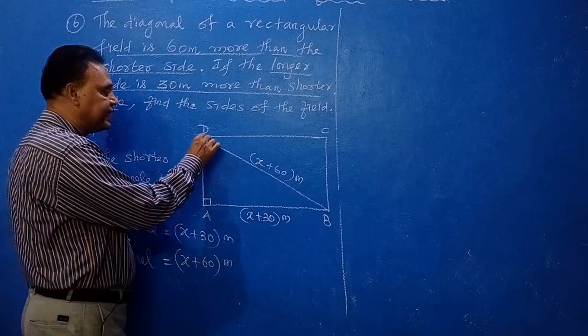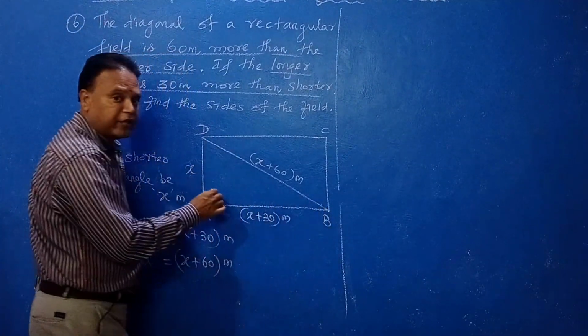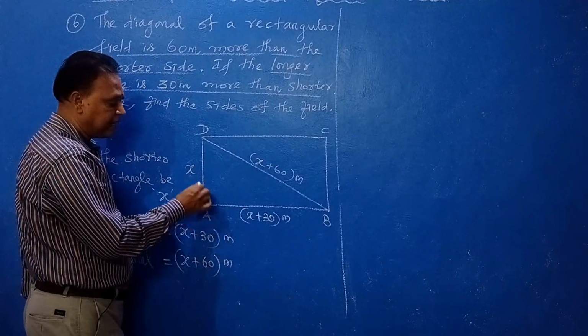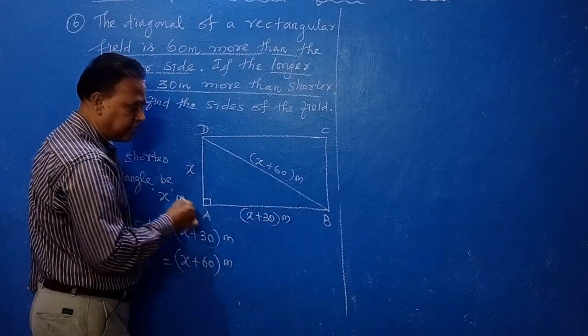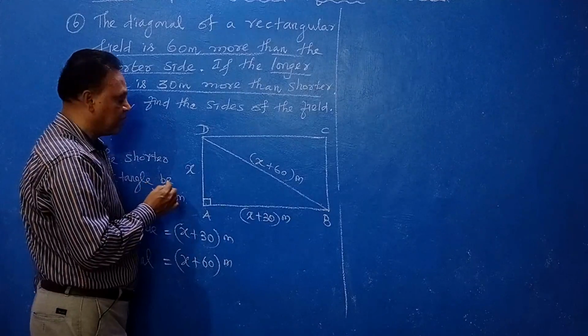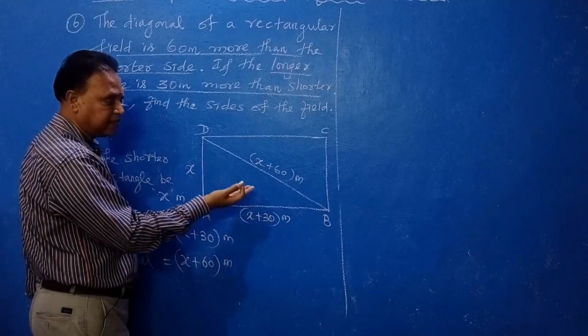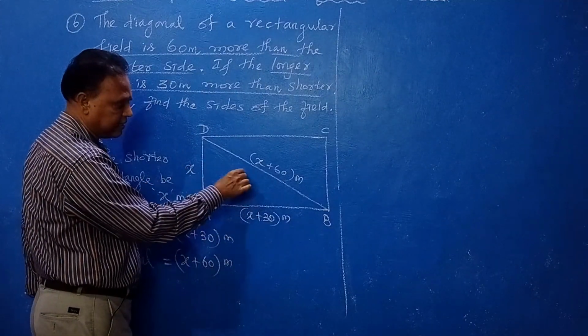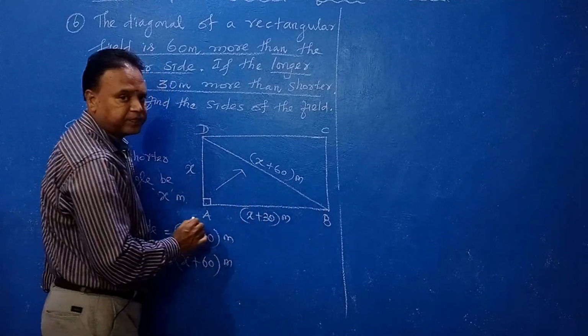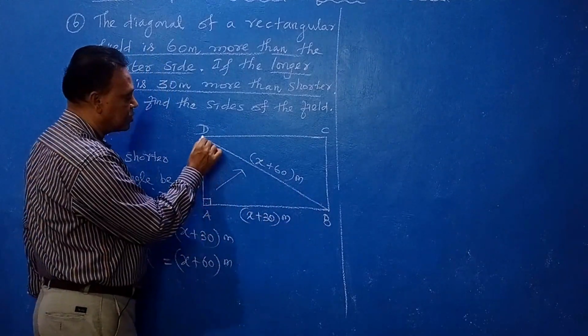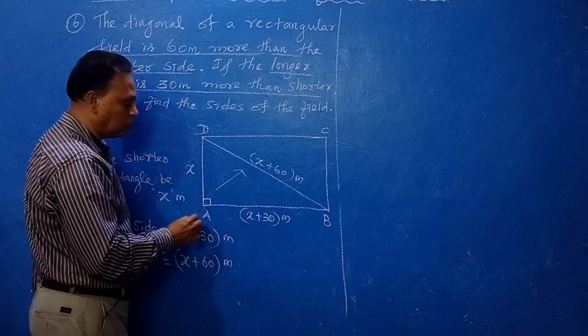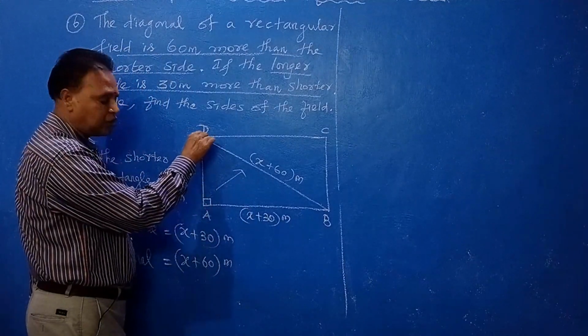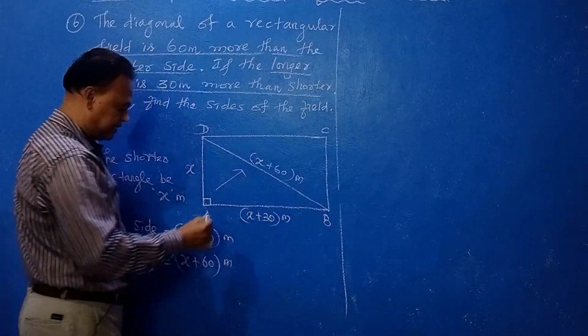Here you can easily use Pythagoras theorem. By using Pythagoras theorem, we can get a quadratic equation. Pythagoras theorem says the side opposite the 90 degree, that is the hypotenuse, its square is equal to the sum of the squares of the other two sides.